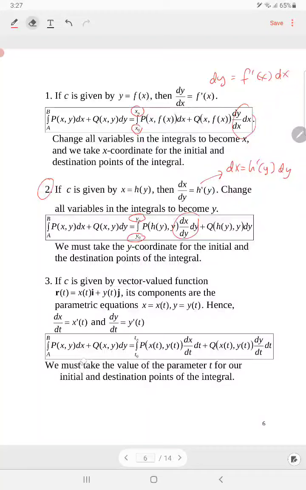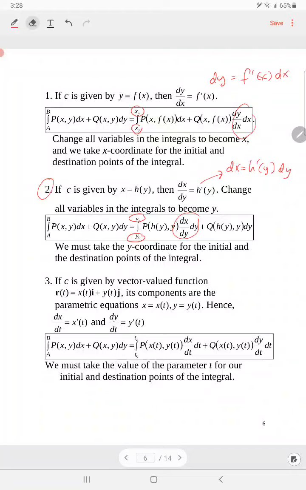All the x, all the y, dx and also dy must be changed in terms of t. So in P(x,y) dx, replace x with the parametric equation of x, x(t), and y must be replaced by the parametric equation for y, y(t). Same thing for Q(x,y).